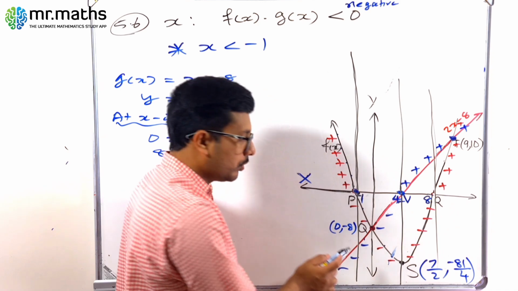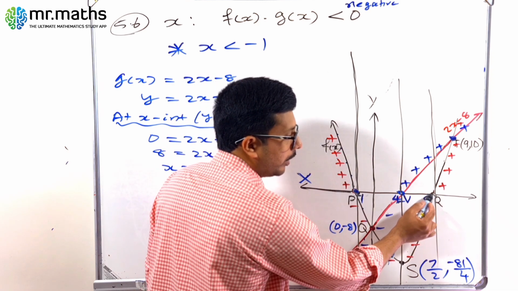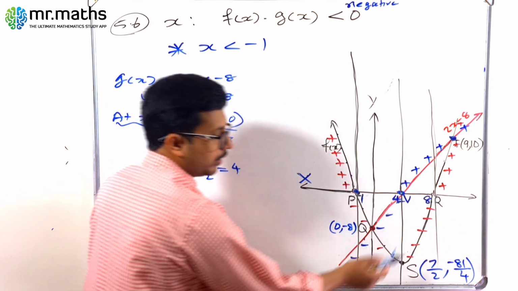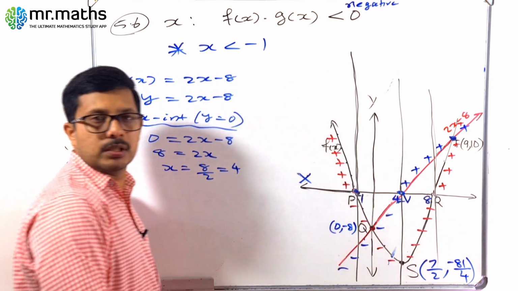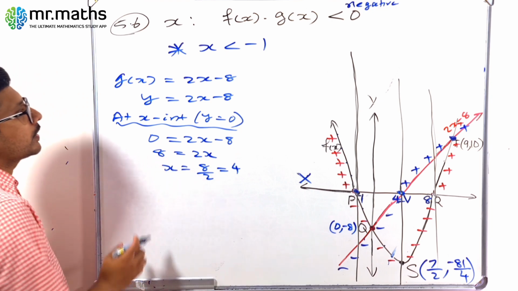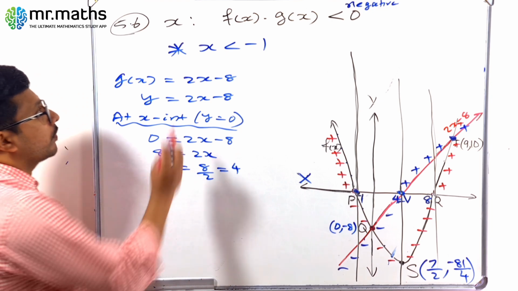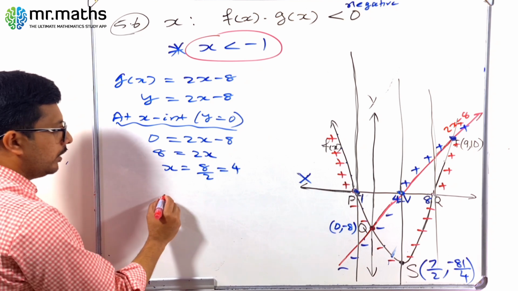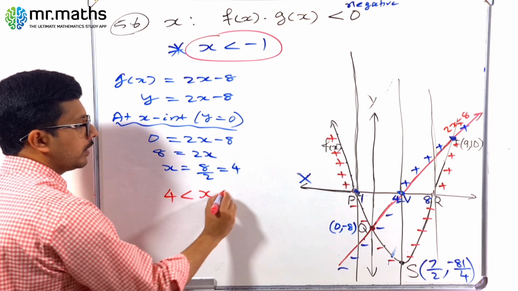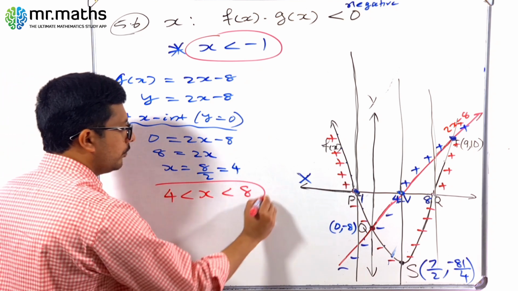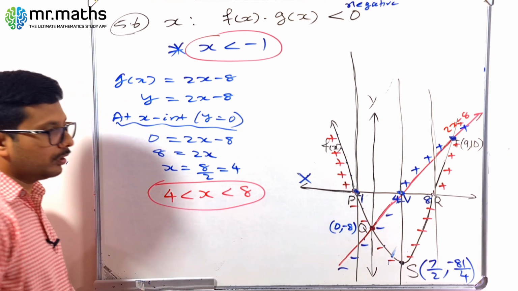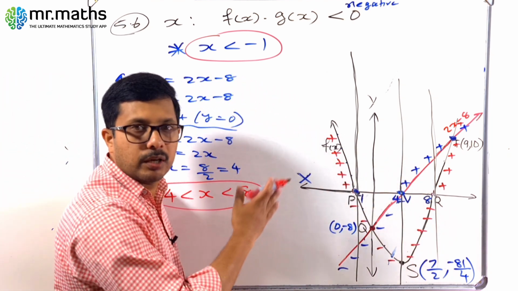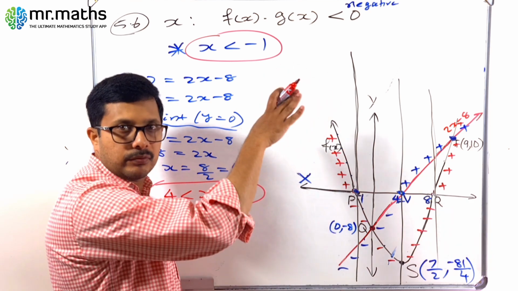So the first answer is x is less than minus 1, and the second answer is 4 less than x less than 8. Between 4 and 8, one graph is below the x-axis and the other graph is above the x-axis.